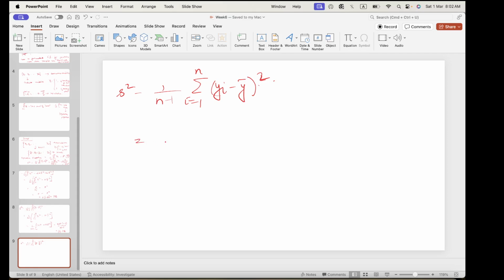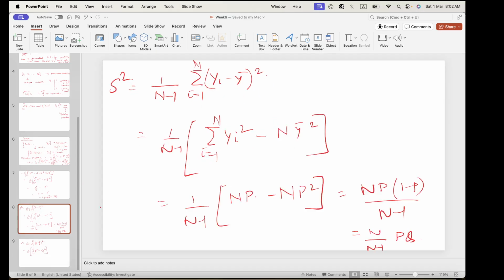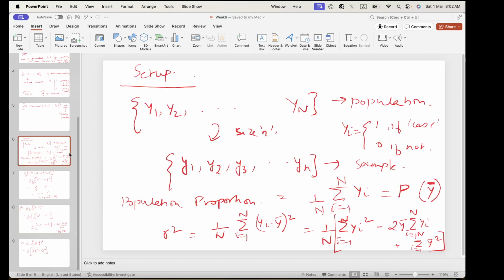Okay, so we'll again expand: 1 by n minus 1 summation i equal to 1 to n yi square minus n y bar square. So summation yi in the sample would be the total count of ones in the sample.